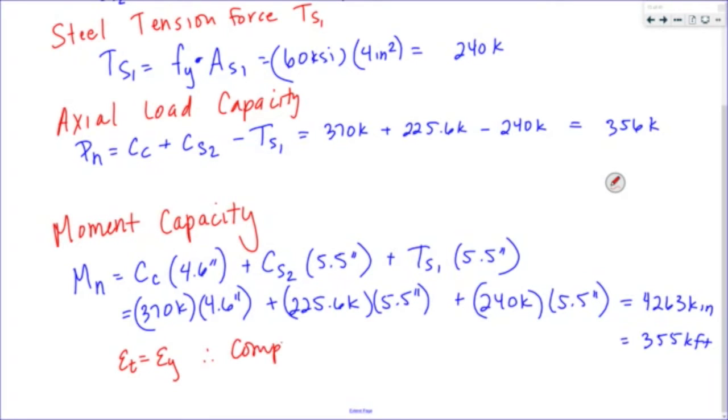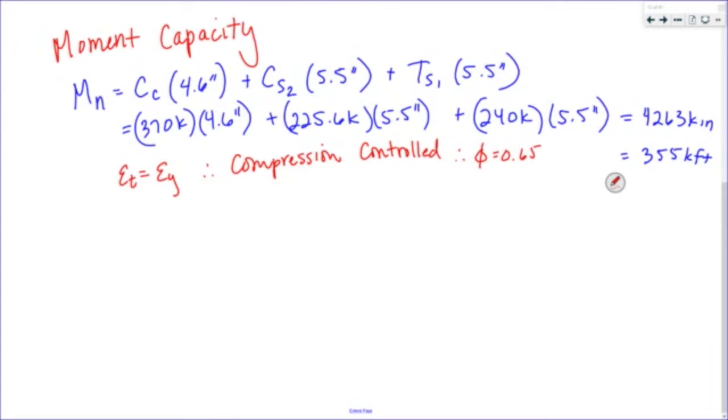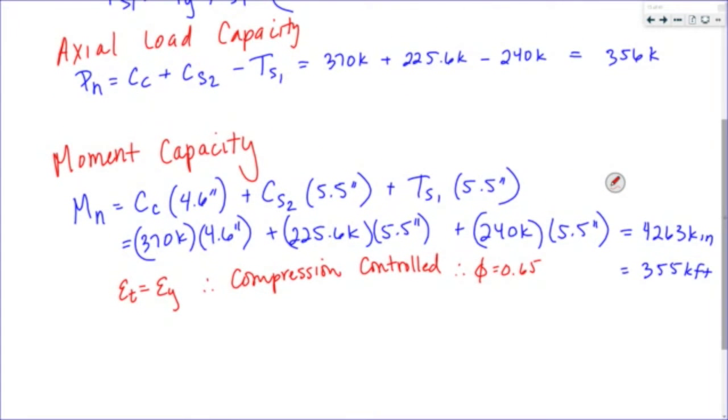Compression controlled. Phi 0.65. So my phi Pn is equal to 0.65 times that 356 kips, which should give you 231 kips.